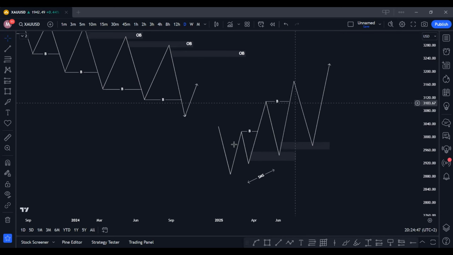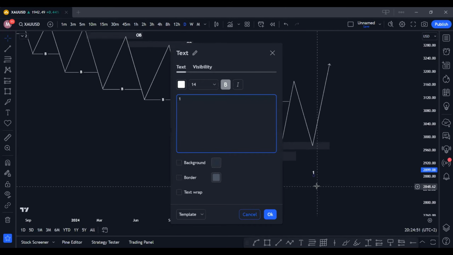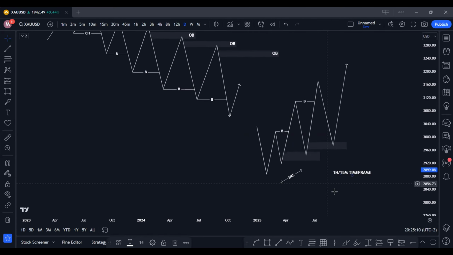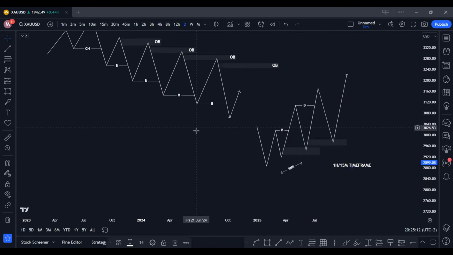Okay, so now this here can mainly be found on your 1 hour or 15-minute time frame, so that you can still be active on the market.